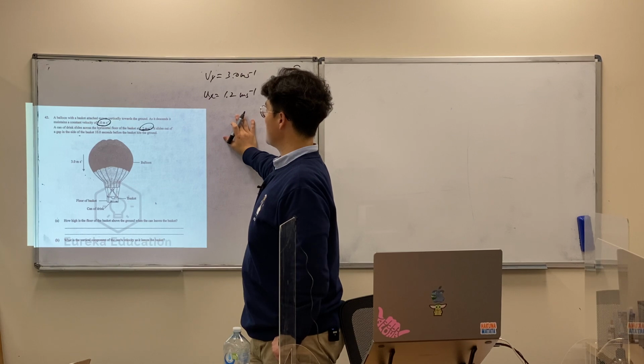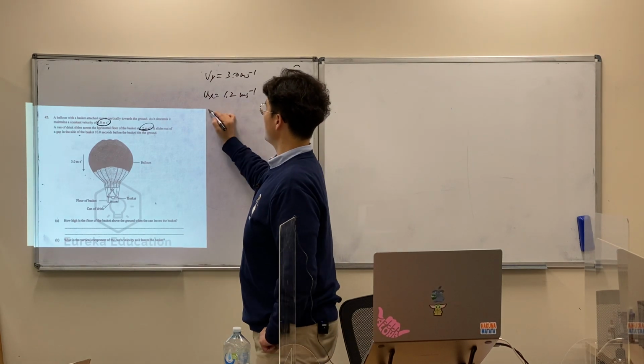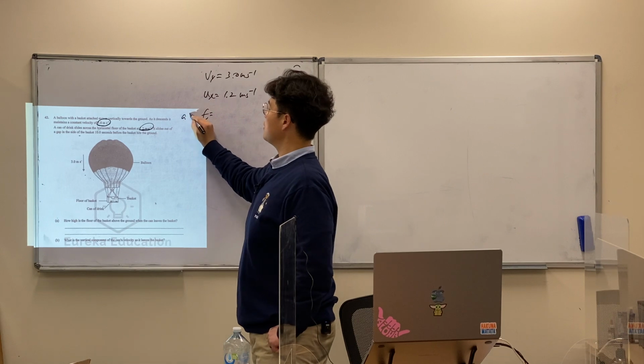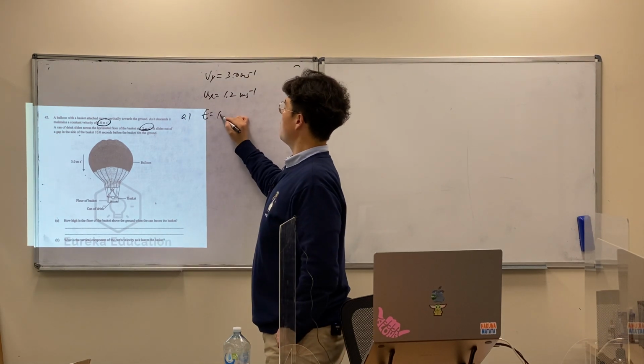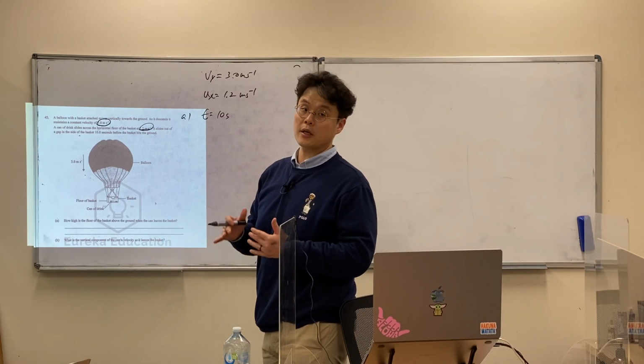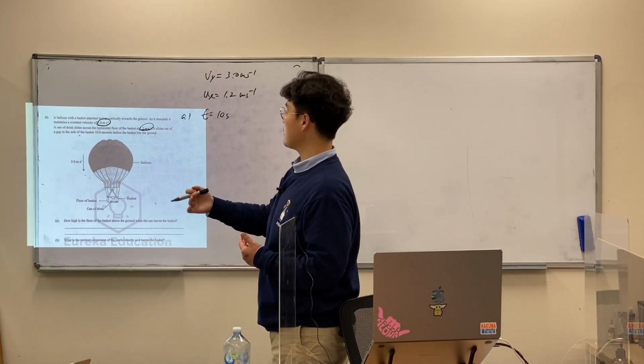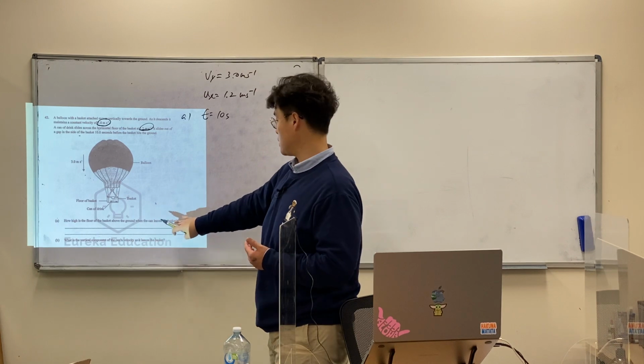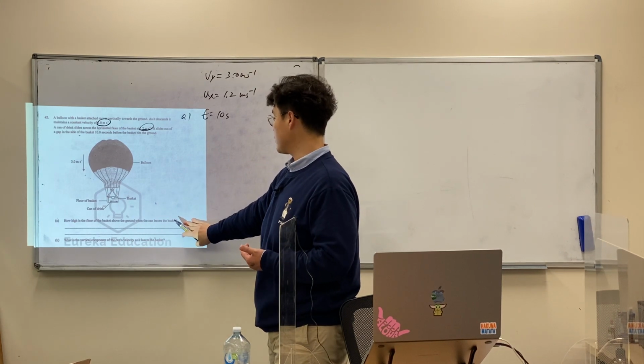It slides out of the gap in the side of the basket 10 seconds before the basket hits the ground. It means that the time taken for the basket to hit the ground is 10 seconds after the can left the basket. How high is the floor of the basket above the ground when the can leaves the basket?